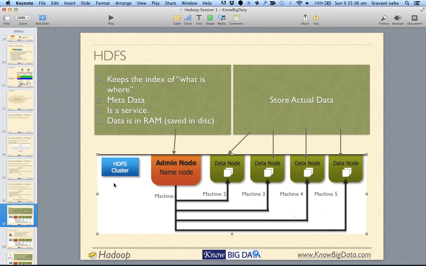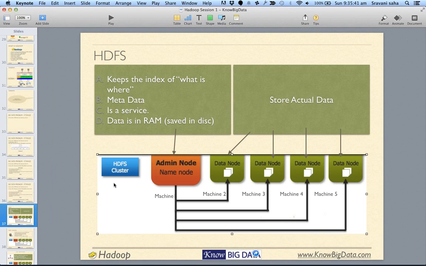As part of HDFS, you have something called a name node and something called data nodes. There is a single name node and there are other data nodes. So it's a typical master-slave kind of architecture. There is a master which is called the name node or admin node, and there are many data nodes. In every distributed architecture of HDFS, it's not a single computer.